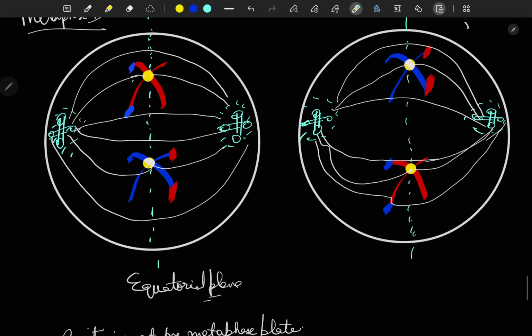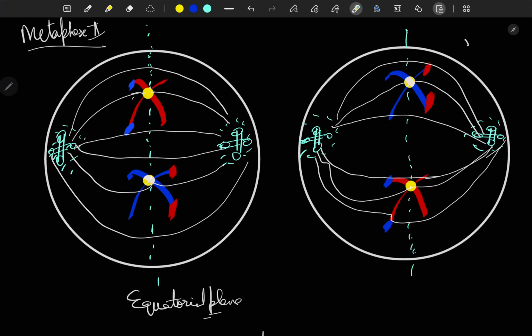Now, about the kinetochore attachment, the key thing you have to note is that the sister chromatids are attached to microtubules from opposite poles. For example, suppose this is the north pole and this is the south pole.